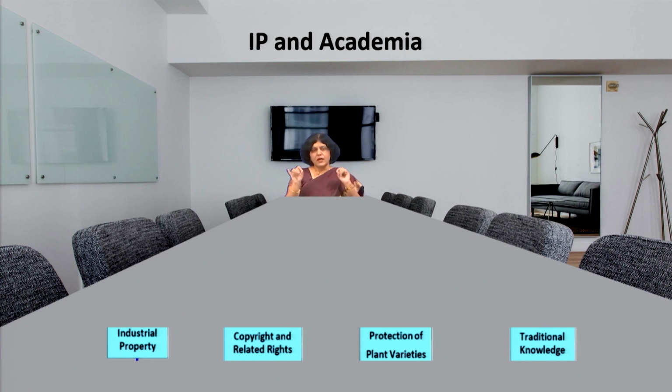I am very clear on that: when we are talking about intellectual property, I will not put traditional knowledge as IP, but we should know that this is something considered. So, industrial property, copyright and related rights, protection of plant varieties and farmers' right, and traditional knowledge.